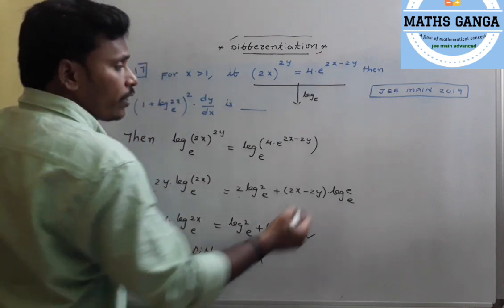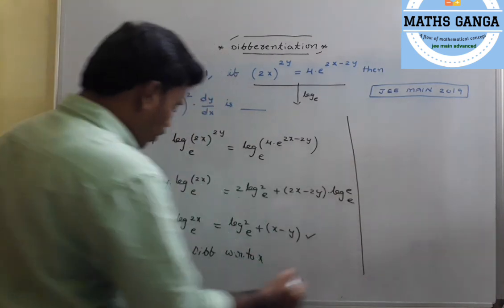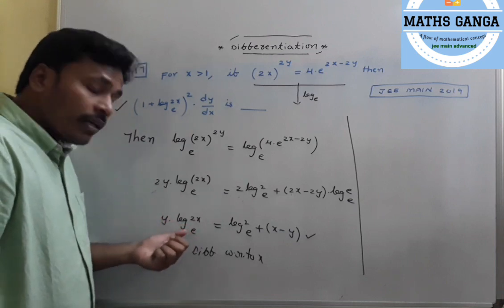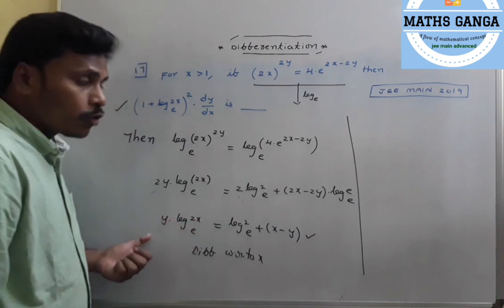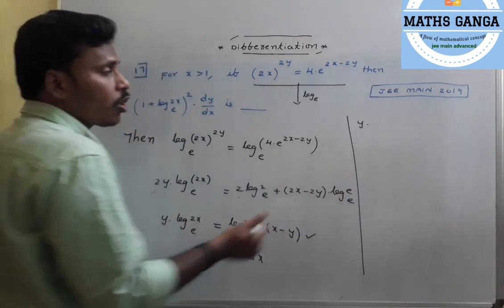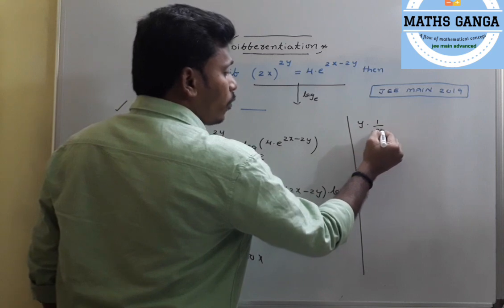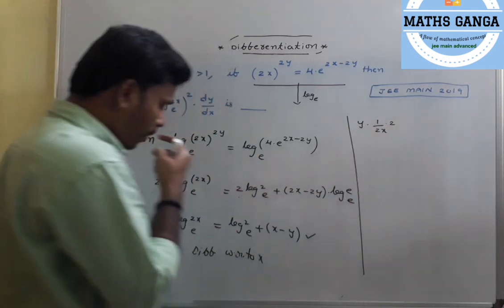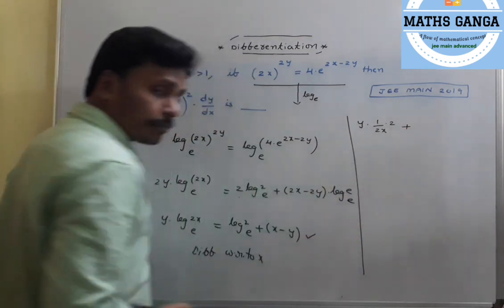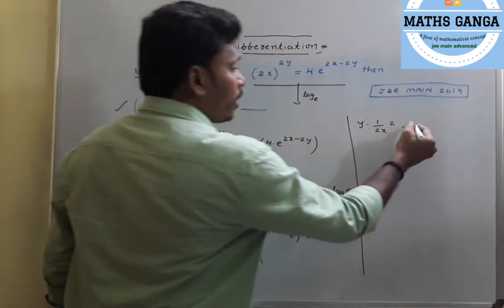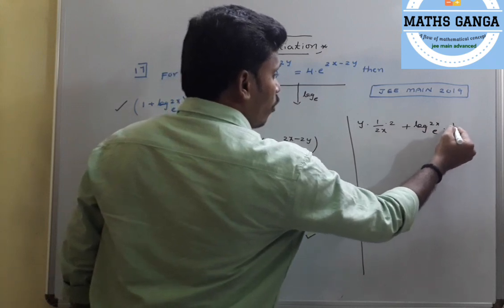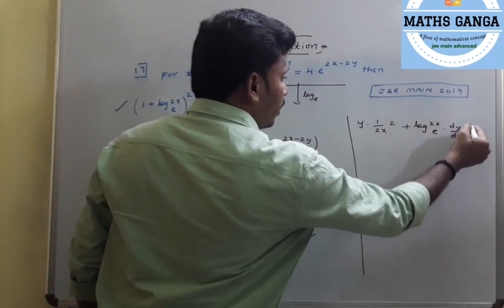If you differentiate it with respect to x, what will happen? Just look here, y into log 2x base e. So here we have the product of two functions. First function y into the derivative of log 2x, which is 1 by 2x into 2, is it right? For logarithm 1 by 2x, for 2x it is 2, plus log 2x to the base e into the derivative of y, which is dy by dx.